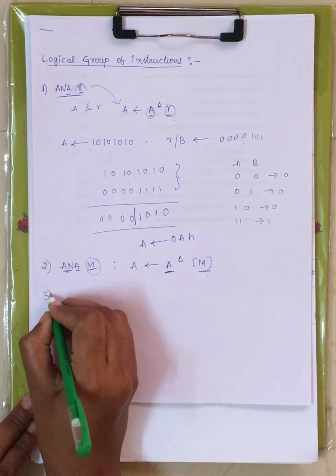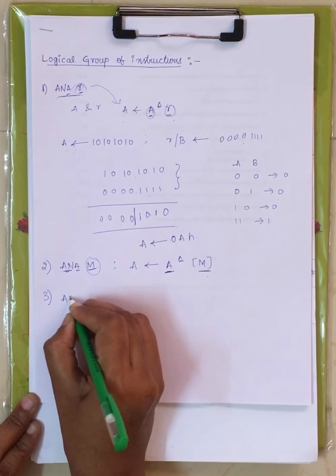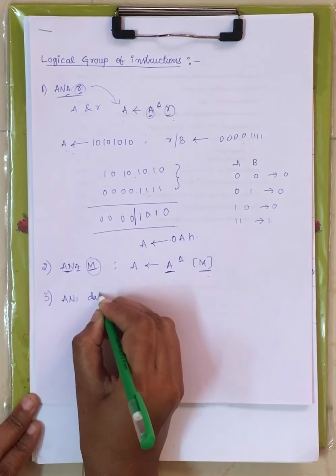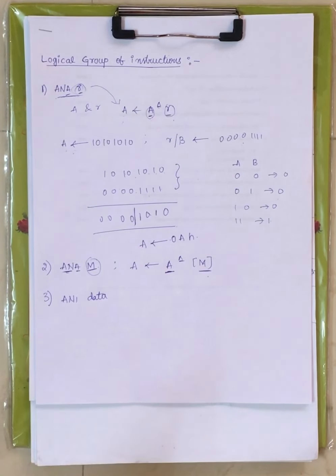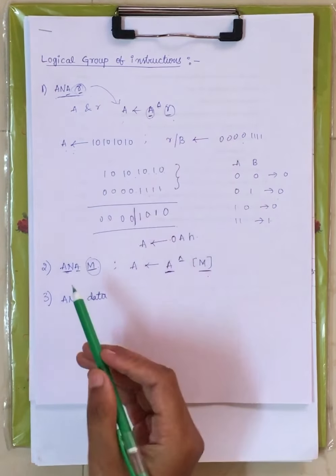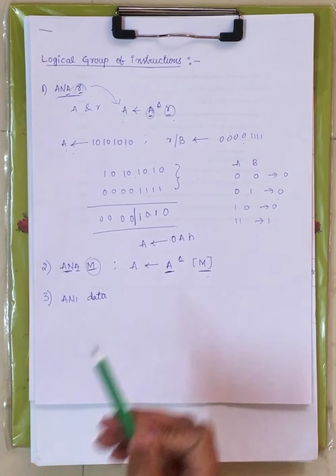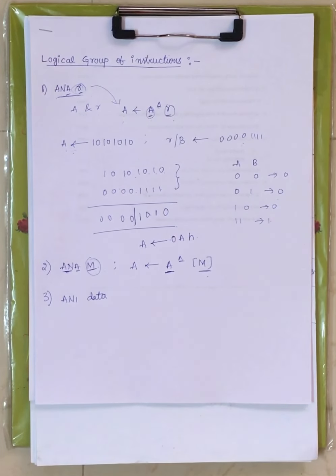Now coming to the third instruction, we have ANI data. Whether it is ANA R, ANA M or ANI data, all of these do the logical AND operation.